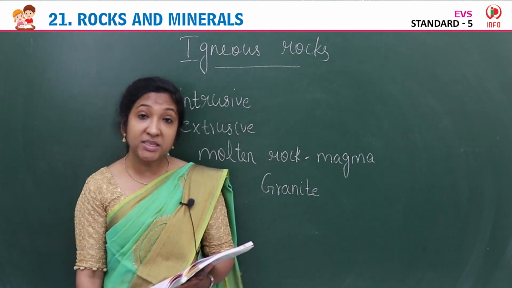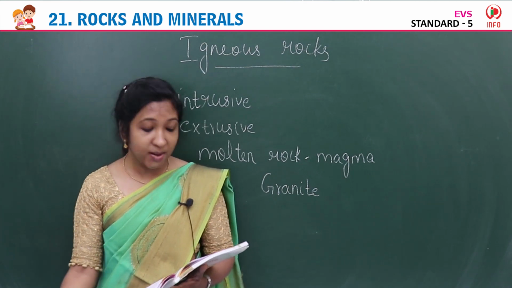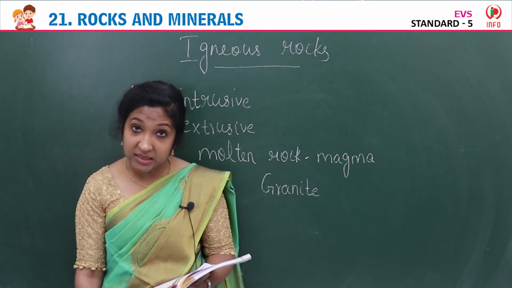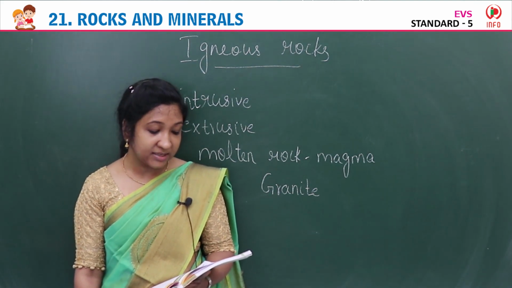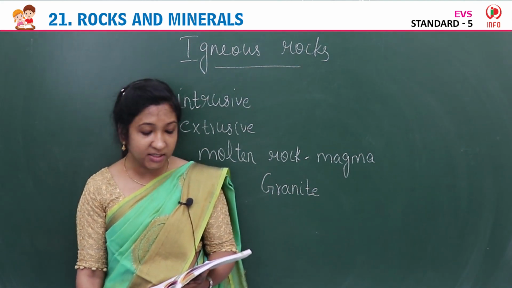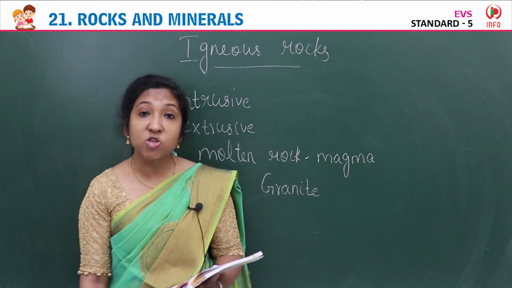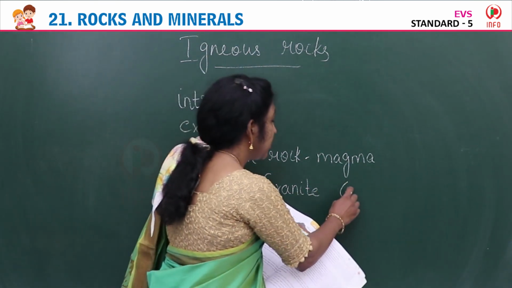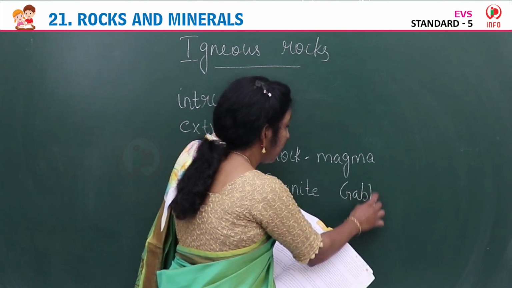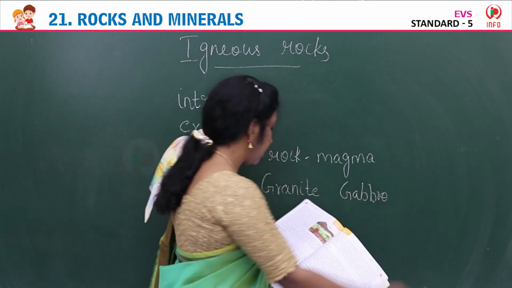You might have seen granite flooring in houses and hotels. We use granite in construction due to its abundance, because it is available in plenty, and its strength. Gabbro has a lower quartz content than granite and is therefore much darker. The color is a little darker for gabbro. G-A-B-B-R-O.